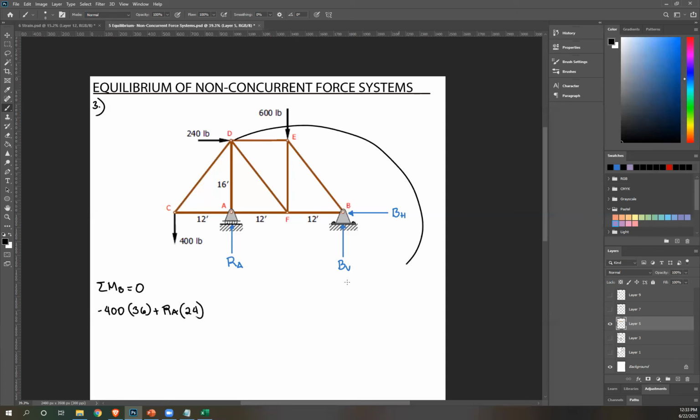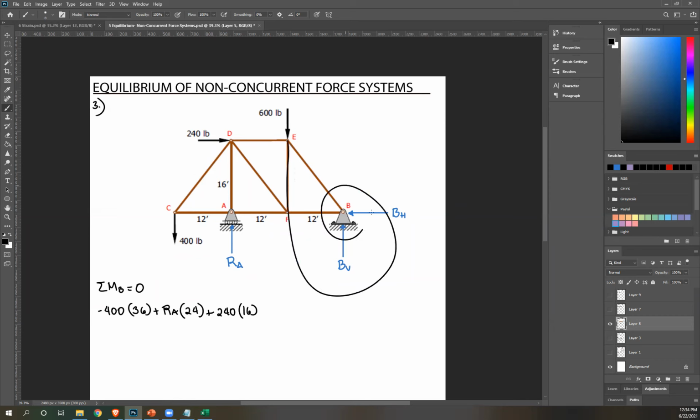Next, your 240 pound force. Again, that's clockwise, so positive 240. Perpendicular distance from point B is this length, which is equal to 16. And then we have 600, rotate about B, that's negative since counterclockwise.